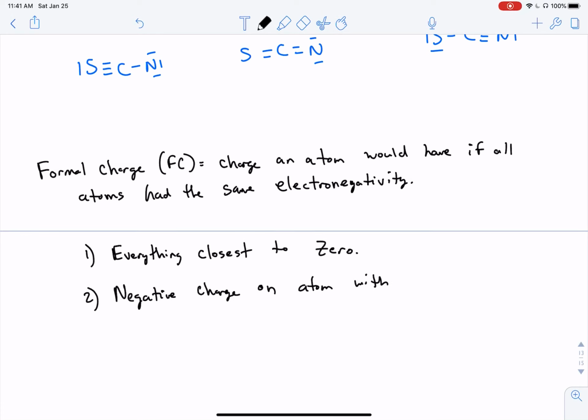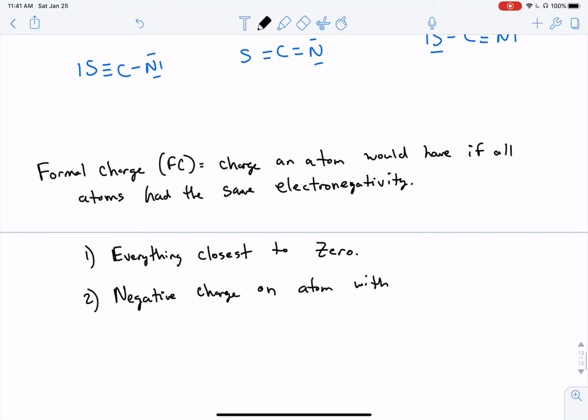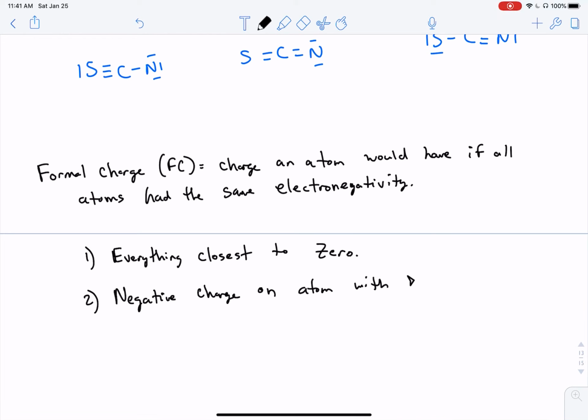Where would you want the negative charge to be? The highest electronegativity. So the negative charge on the atom with the highest electronegativity. So that's your tiebreaker. Correct, yes. If they tie on the first one, use the tiebreaker.